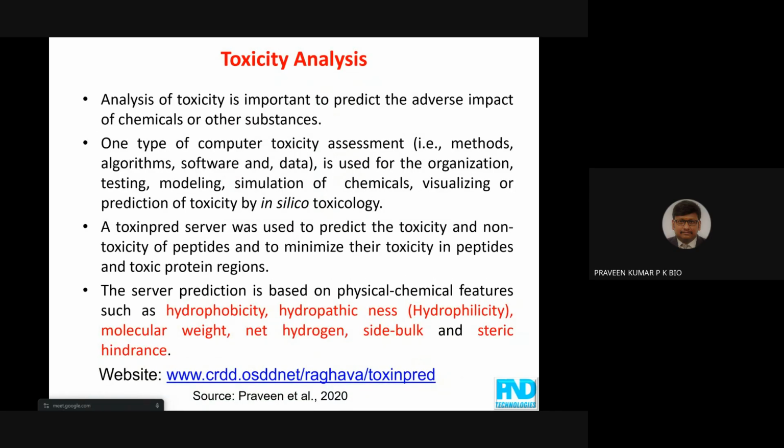Next thing is toxicity. Whatever I'm telling are the physicochemical properties of the predicted epitope. If you want to predict the toxicity, we can use these kinds of URLs. Actually, this is not present in IEDB. ToxinPred is a program present in the Raghava web server.